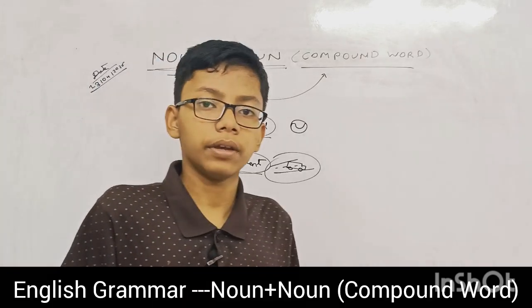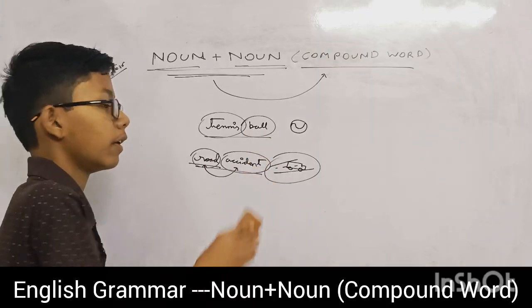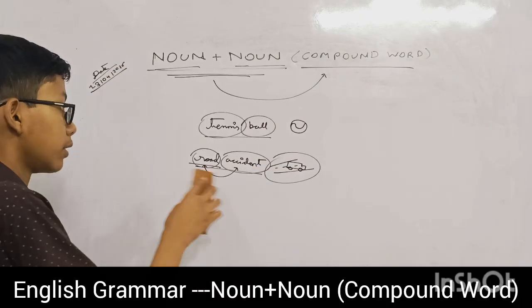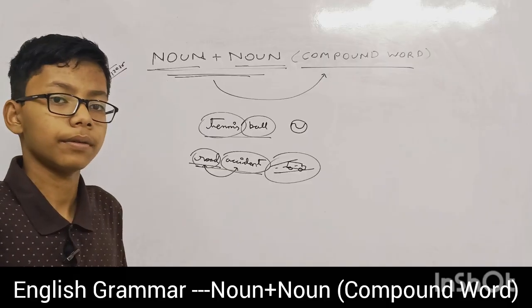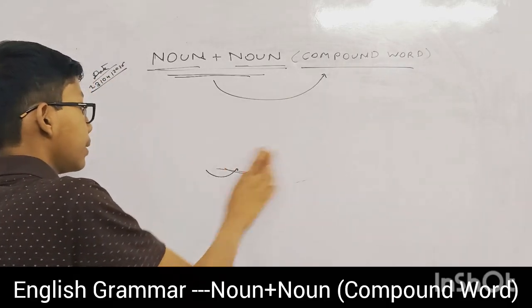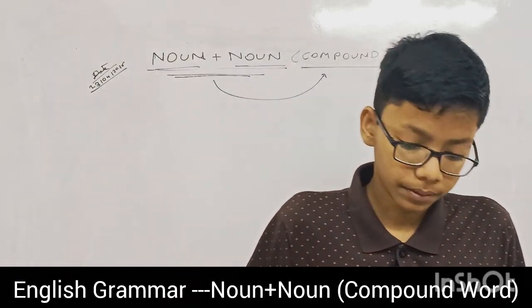So two words can be used to indicate one thing. Tennis ball indicates the ball that is used in the sport tennis, and road accident is an accident that happened on the road. That is a noun plus noun compound word.